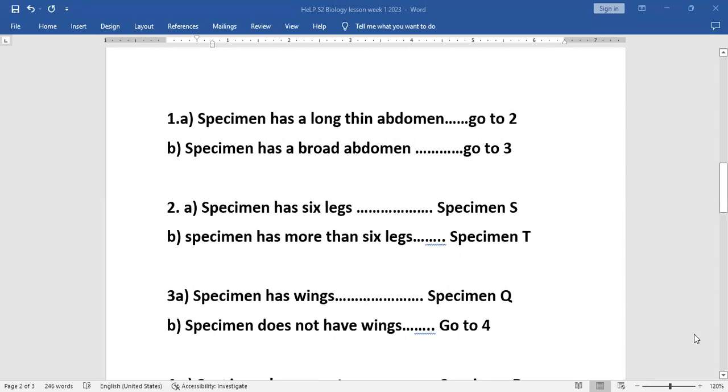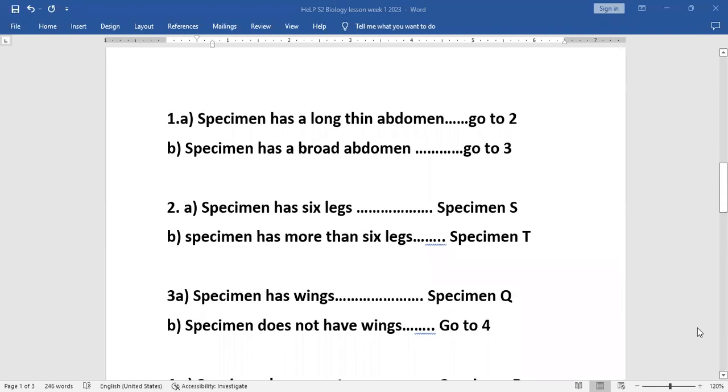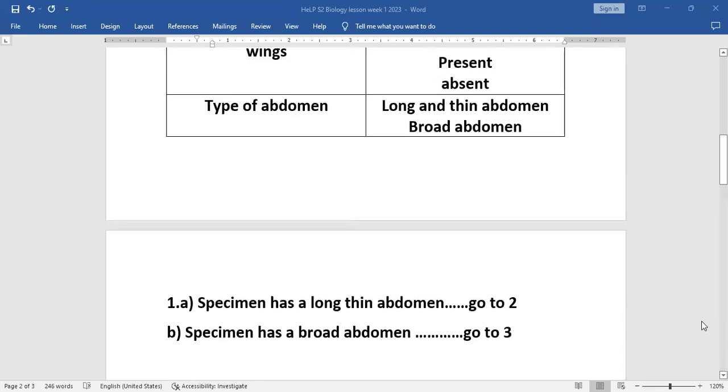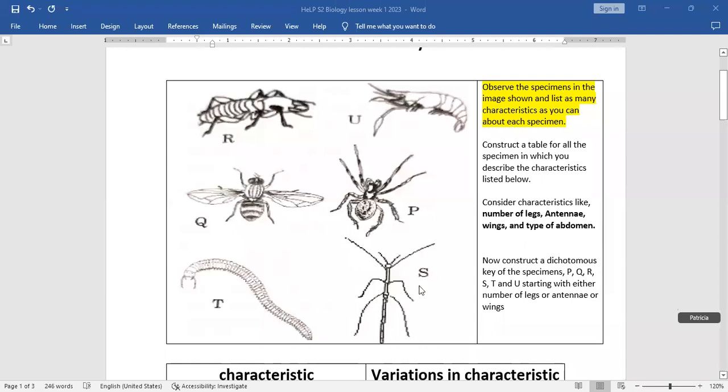Thank you. Your teacher was very correct. When you're cross-checking your work to know if you've done the right thing or made a mistake, the number of couplets is always less than the number of specimens by 1. Let us see if we have done the right thing today. We have 6 specimens, so how many couplets are we supposed to have? 5.